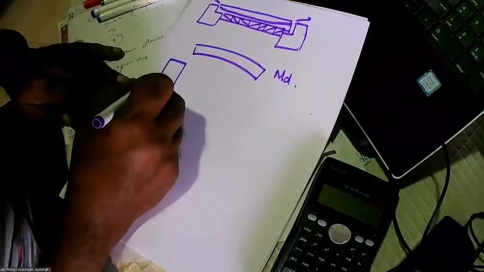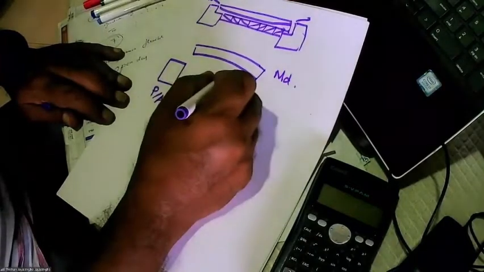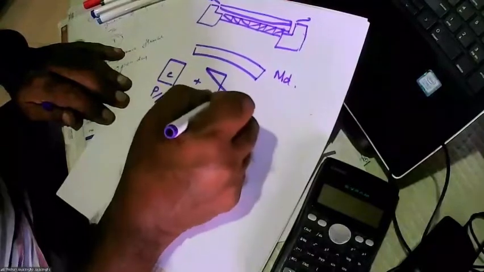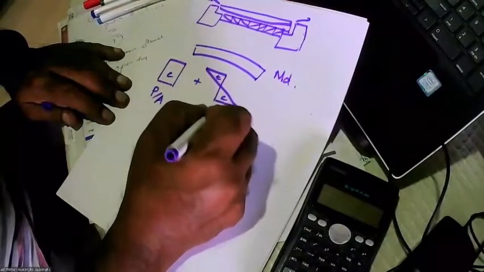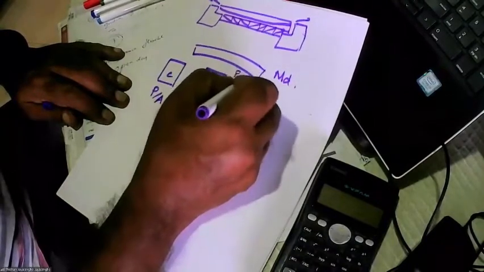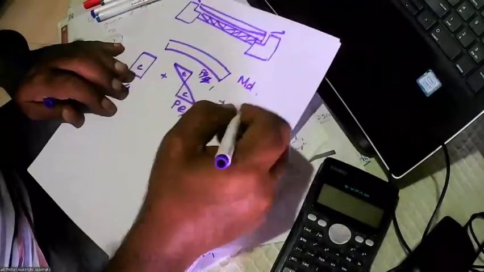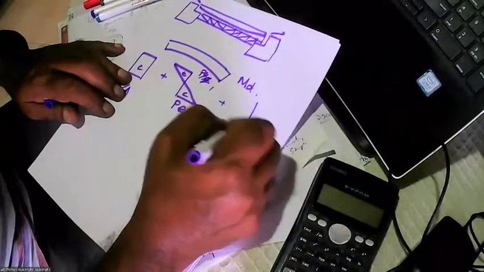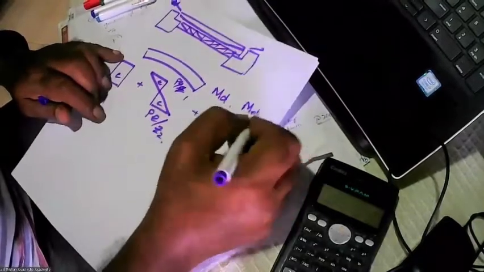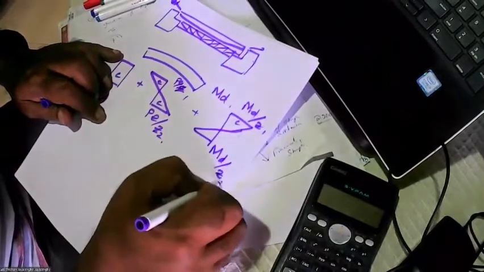P over A plus, this is compression, so positive. Compression, tension: P e over Z2, P e over Z1, plus now you get this one, M D over Z1, M D over Z2.